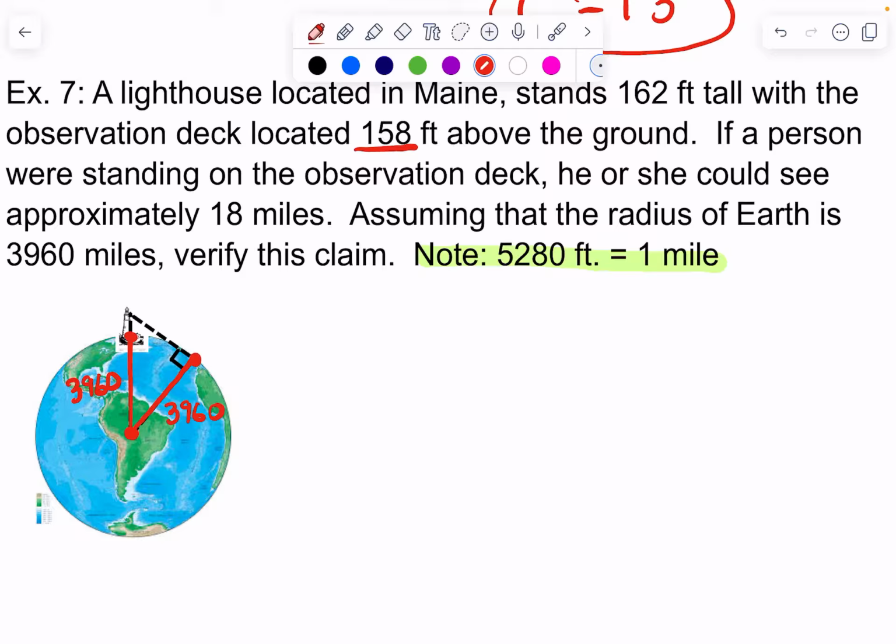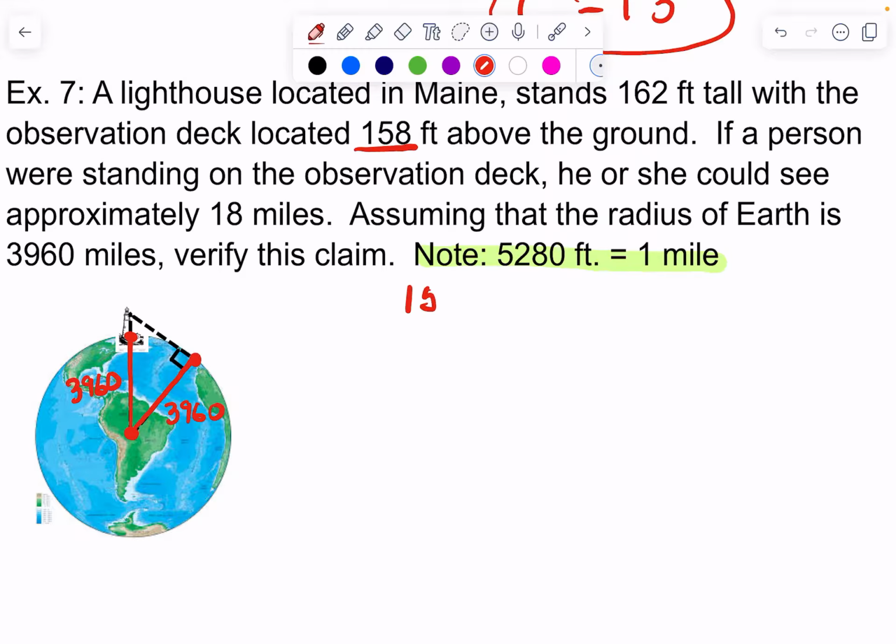Now, we can't work with feet and miles, so we're going to go ahead and convert feet to miles. Please remember that if we're going from a fly, which is a smaller unit, to a horse, which is a larger unit, we divide of course. So fly to horse, divide of course. Horse to fly, multiply. It's a little trick for you to remember.